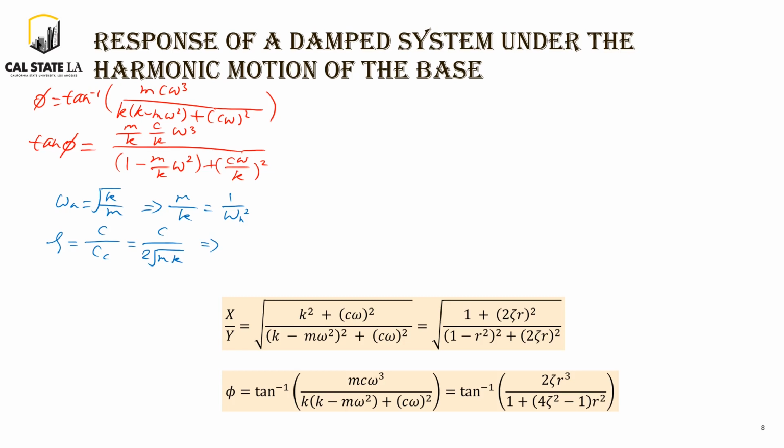So we can find c over k is equal to 2 zeta over omega n. So we're going to plug these values into the previous expression, then we'll be able to find tangent phi in terms of the damping and the frequency ratio.